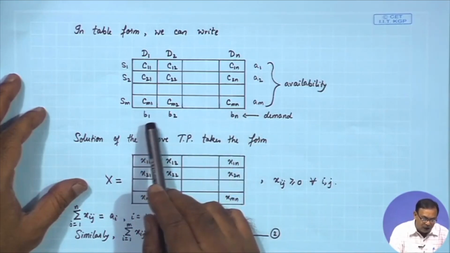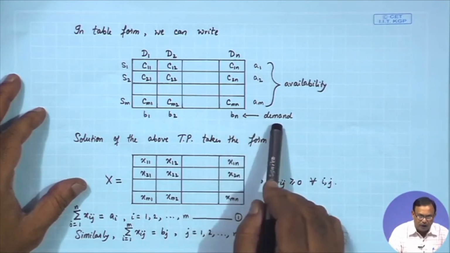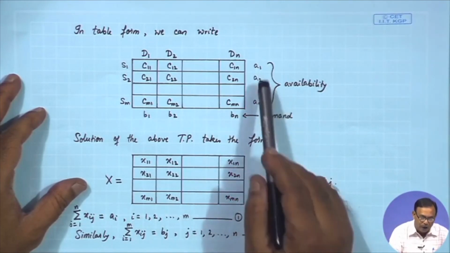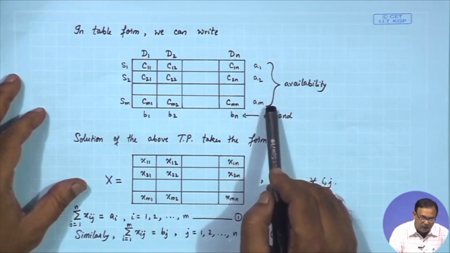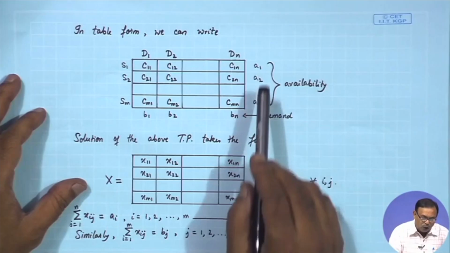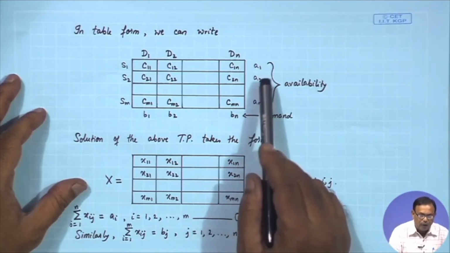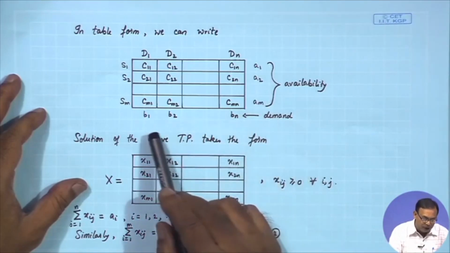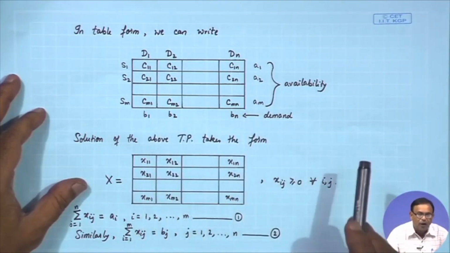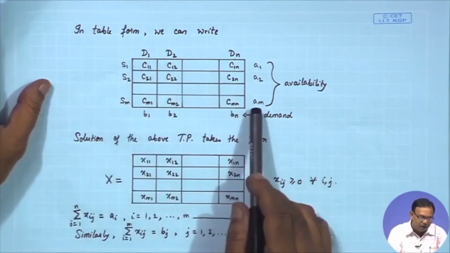For the columns we are writing B1, B2, Bn. These B1, B2, Bn represent the demand, and A1, A2, Am, as you have seen earlier, represent availability. So availability will come as a column at the last, A1, A2, Am, whereas B1, B2, Bn are the demands.